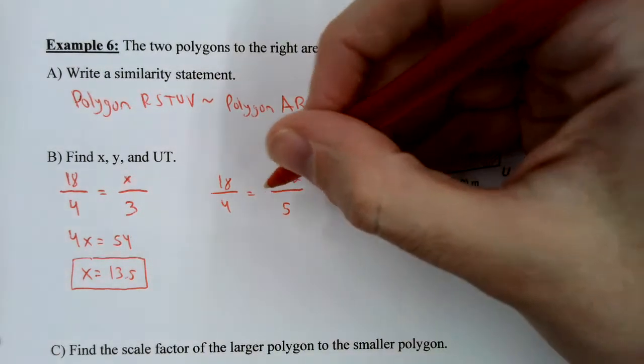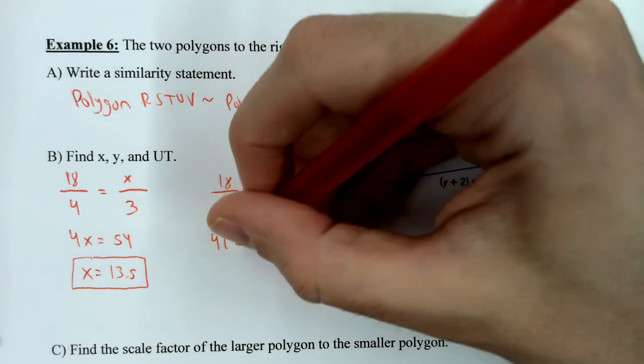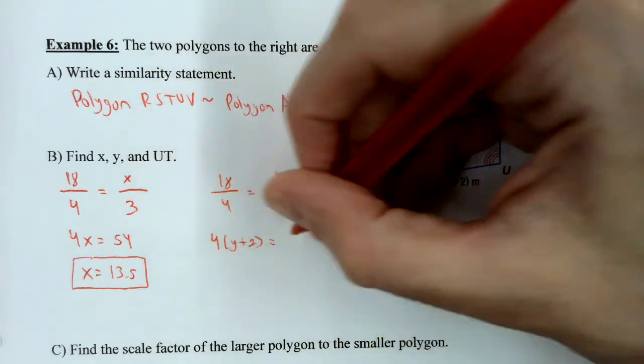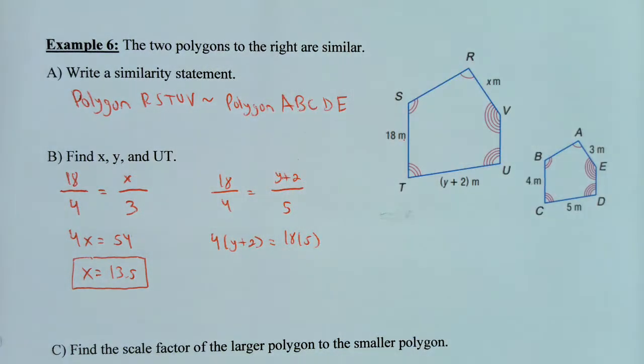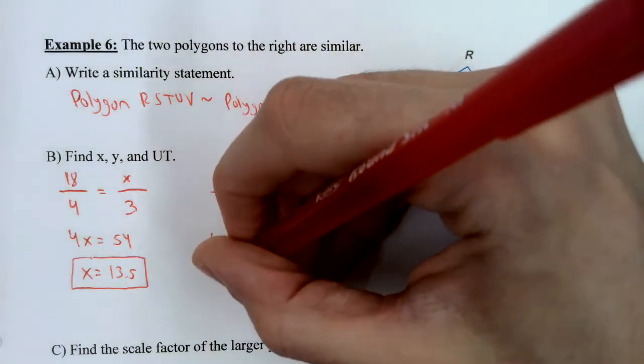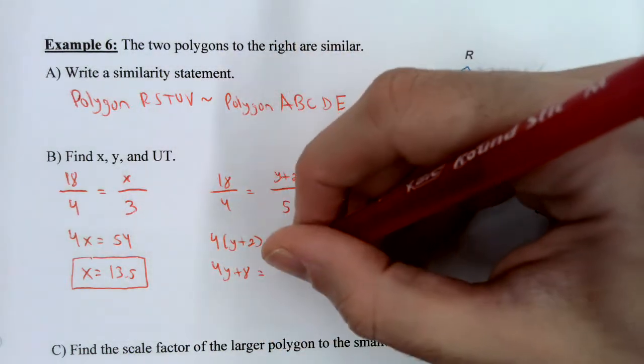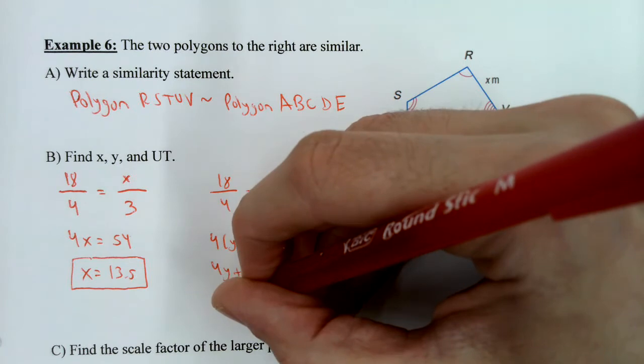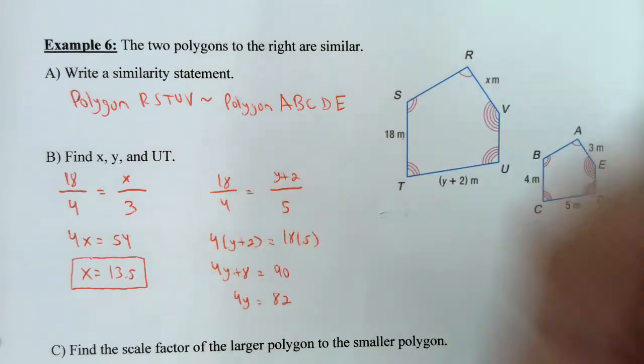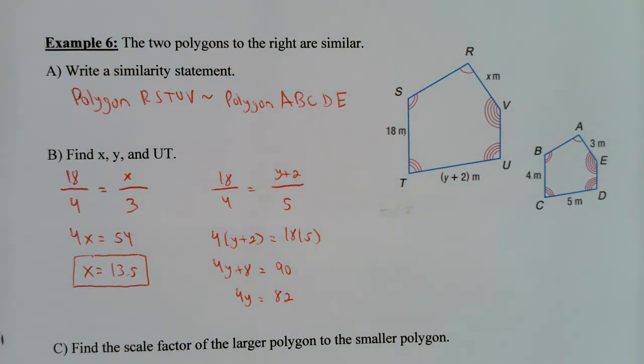Solve that proportion. Cross multiply. 4 times y plus 2 equals 18 times 5. 4y plus 8 equals 90. 4y equals 82. So I'll do y equals 20.5.